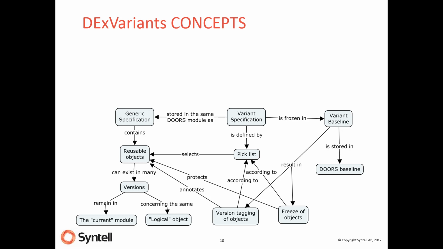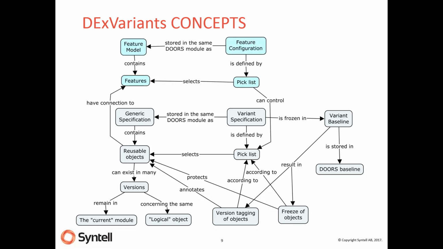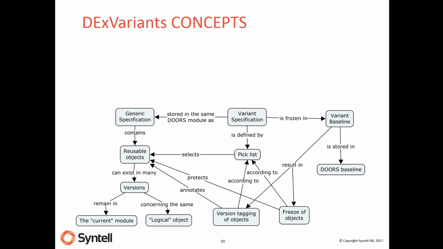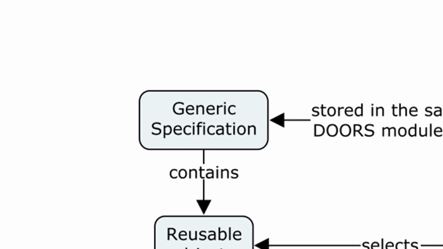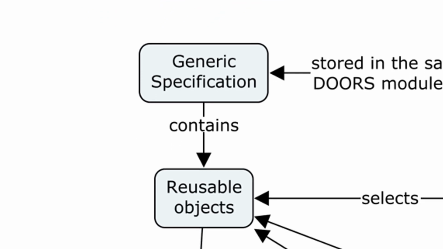Let's wrap things up by looking at this concept map. The map illustrates what you have already seen, but it also introduces the DEXVariants functions for feature modeling that we have not yet talked about. At the heart of DEXVariants are generic specification modules containing reusable objects.